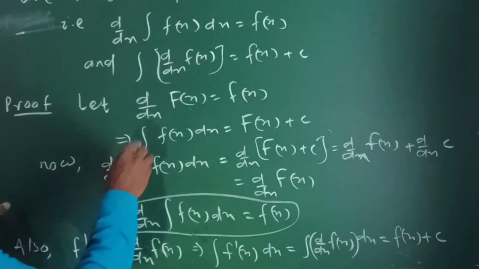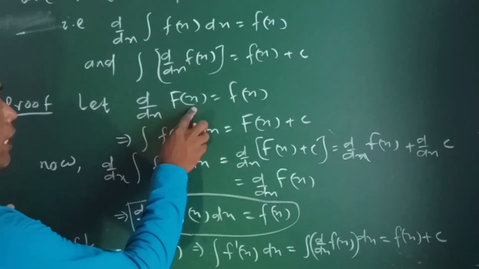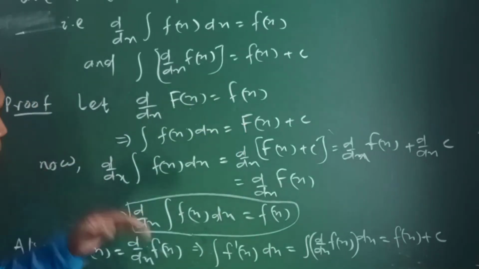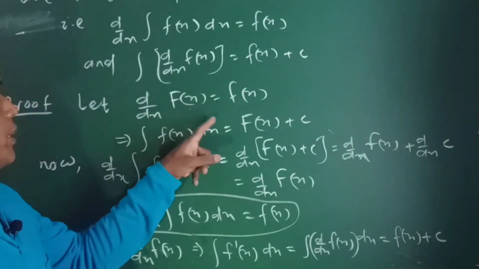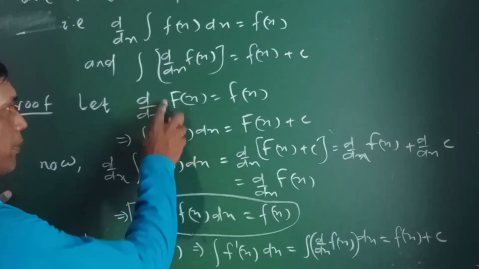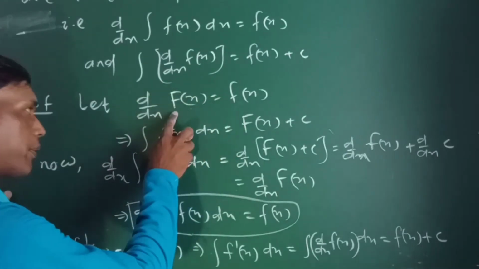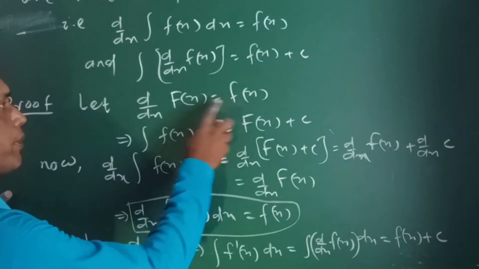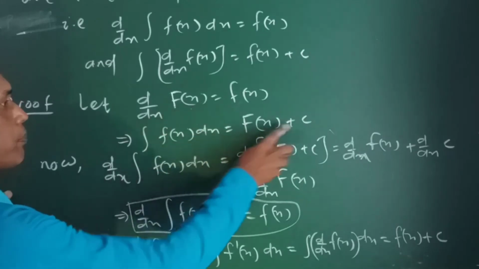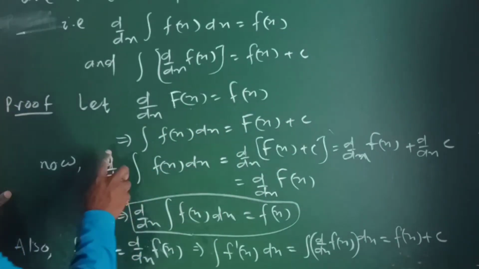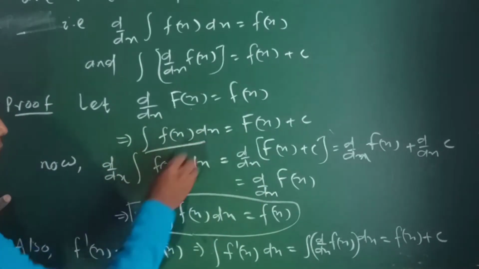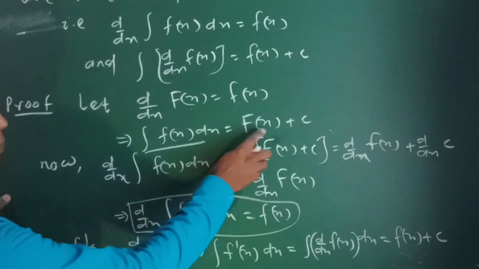How? Look here. Here there are two functions: one is capital F and another is small f. Suppose derivative of capital F of x is equal to small f of x. Then the integration of f of x is equal to capital F of x plus c. Differentiating both sides, d by dx of integration of f of x dx is equal to d by dx of F of x plus c.